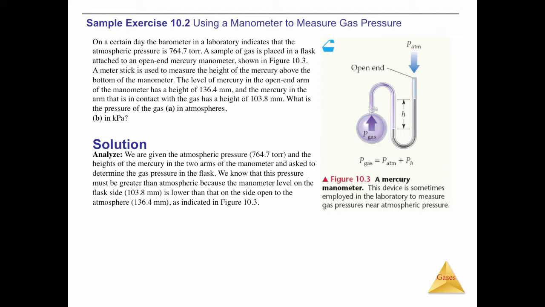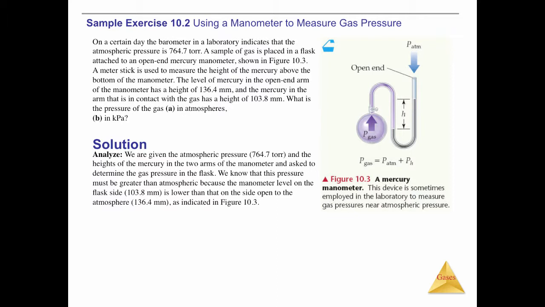The level of mercury in the open-end arm of the manometer has a height of 136.4 millimeters, and the mercury in the arm that is in contact with the gas has a height of 103.8 millimeters. What is the pressure of the gas in atmospheres and also in kilopascals?